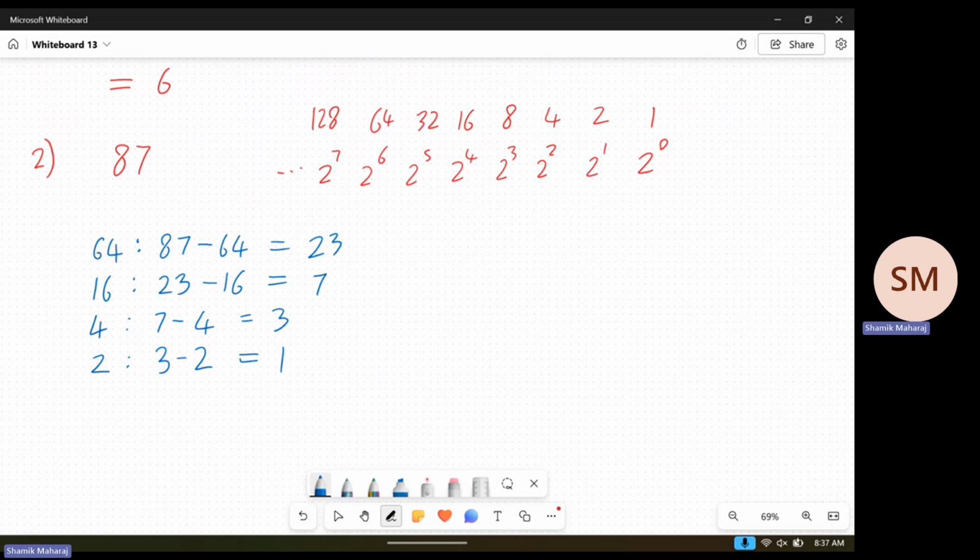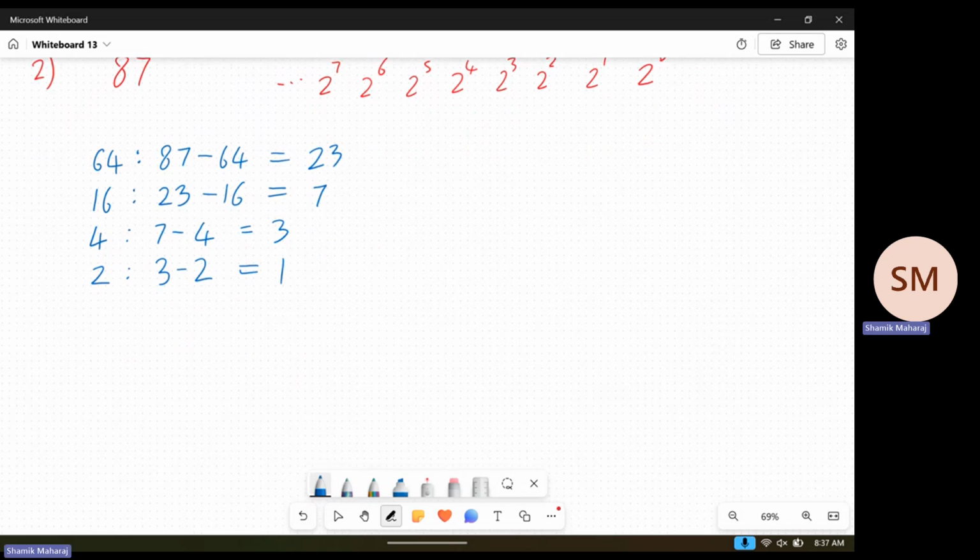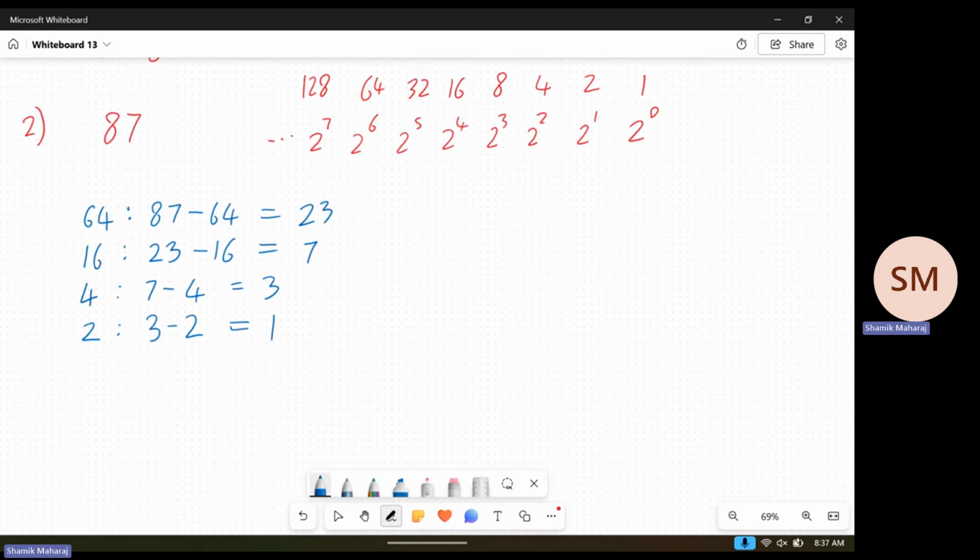Now this is the point where we can stop, because we reached a number which is a base 2 number, something that's on the list above. Once we reach a number that is on the list, we just list that number and we stop. I'll list it here and say done. We don't go any further.